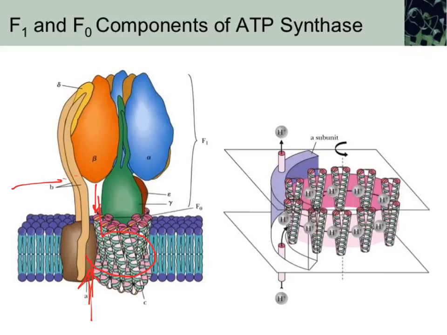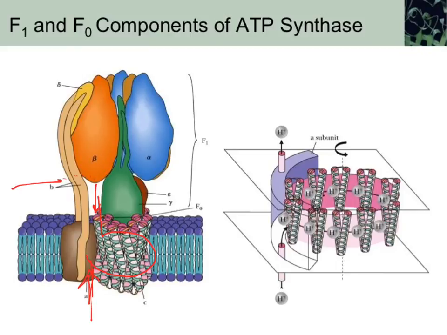That rotation is translated through the stator, which I believe is something referenced in actual engines, which causes enzyme configuration changes up here. If this whole thing rotated, this part never changes. So what we've got is the green and the red and your C subunits down here all rotate.